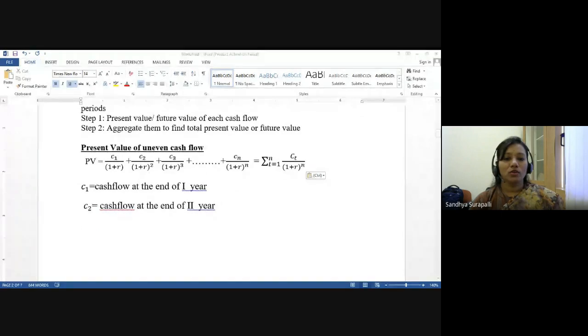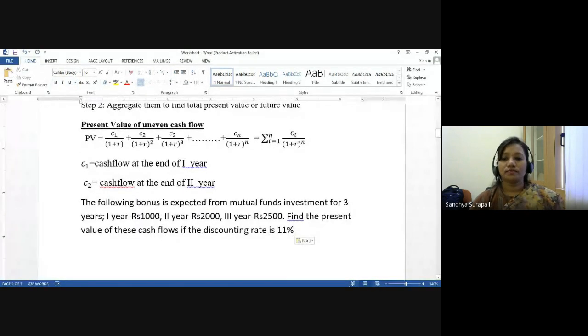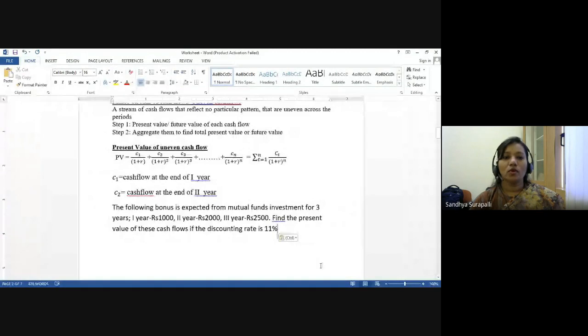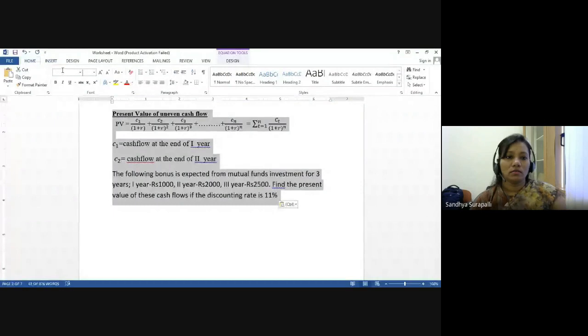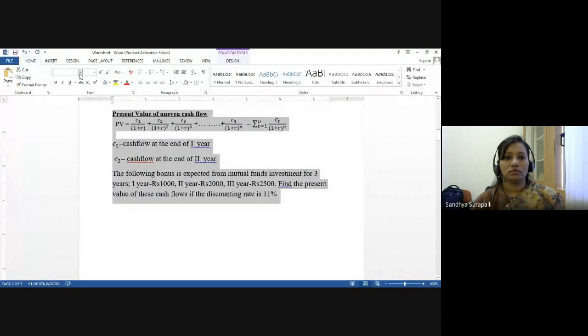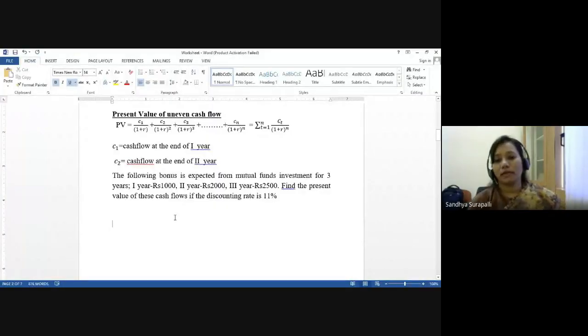Okay, we'll do one example. The following bonus is expected from a mutual fund investment for 3 years.